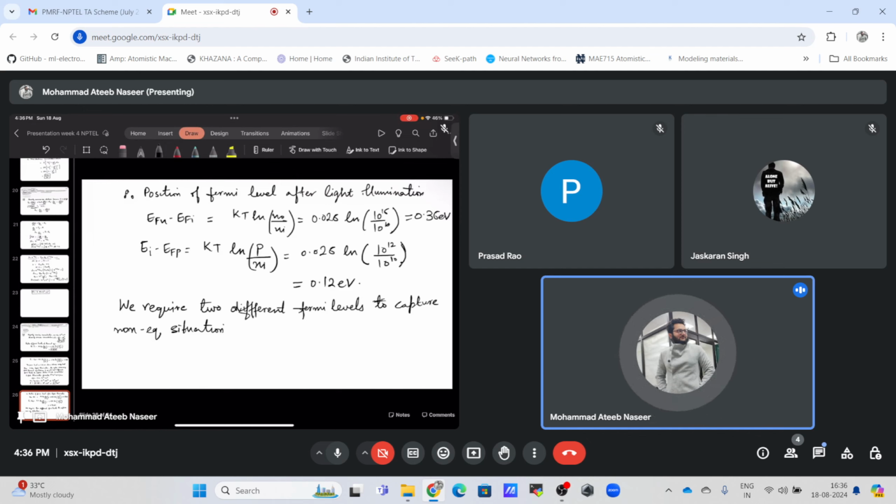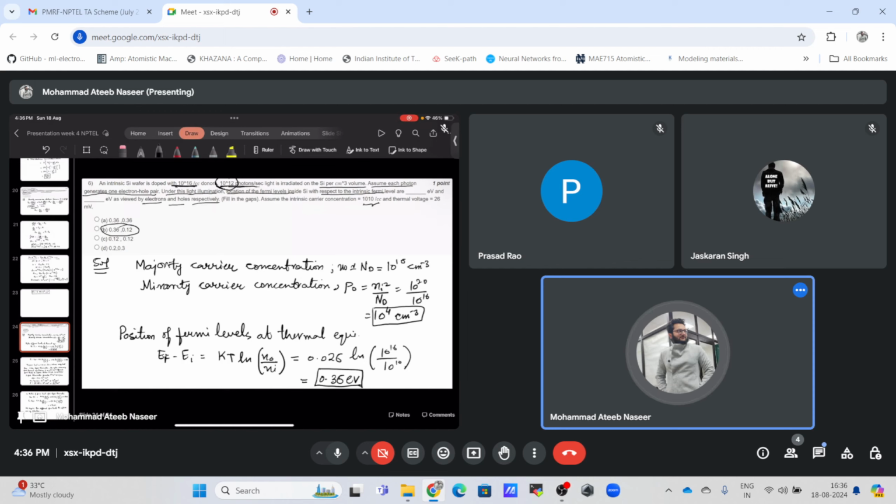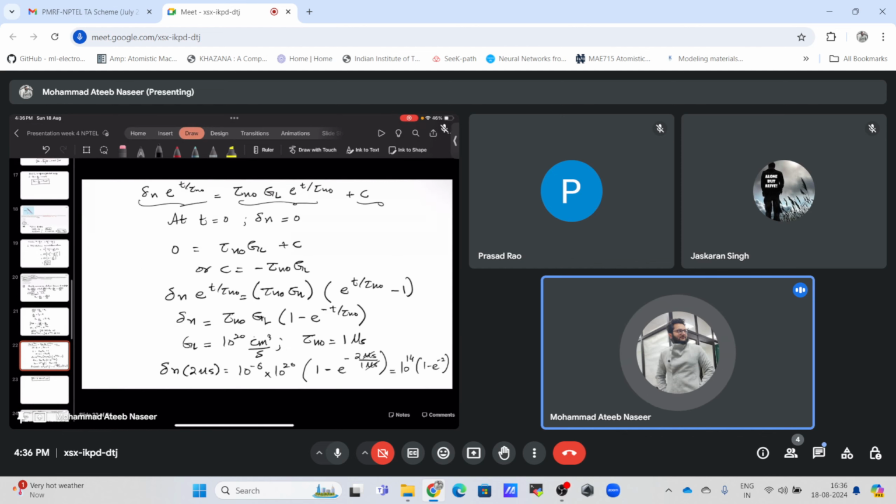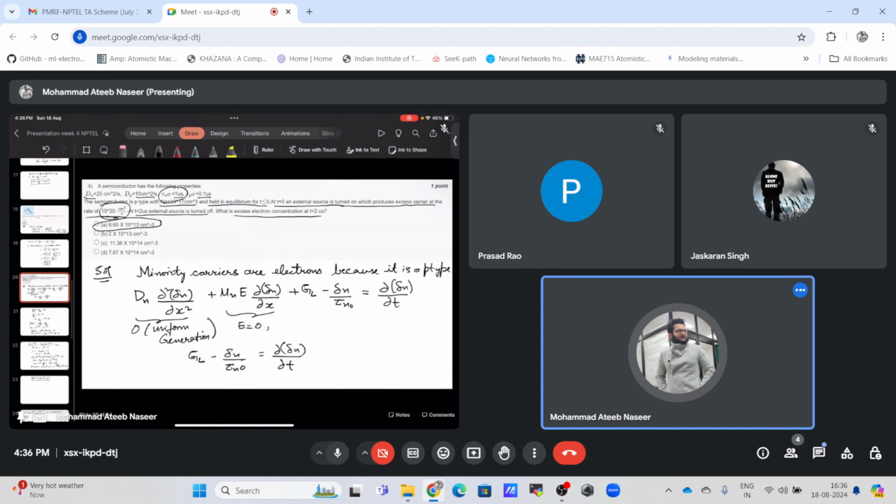In this problem, what we saw was that we will require two different Fermi levels in order to capture the non-equilibrium statistics. In thermal equilibrium, we required the Fermi level to be equal to 0.36 in both cases. And in the previous problem, we found the excess electron concentration.